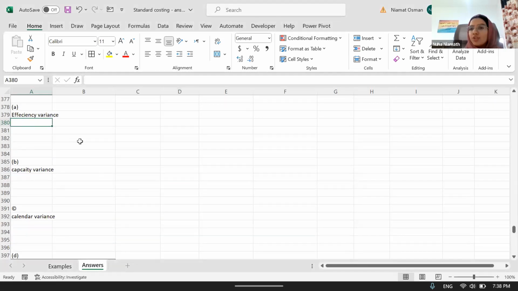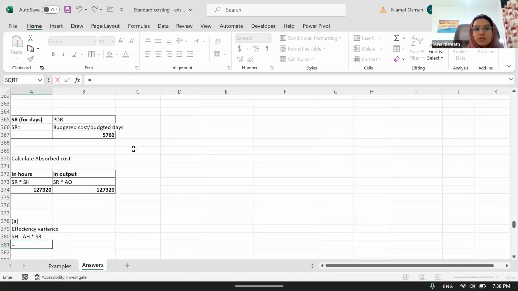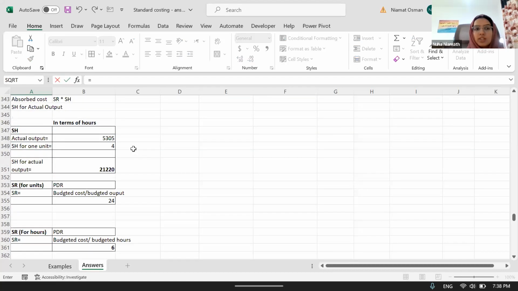Now, come on. Efficiency variance. We've already discussed: SH minus AH into SR. What is SH? SH has come to 21,220, isn't it? Standard hours. Minus, what is our actual hours?